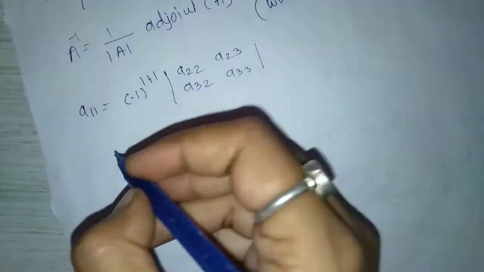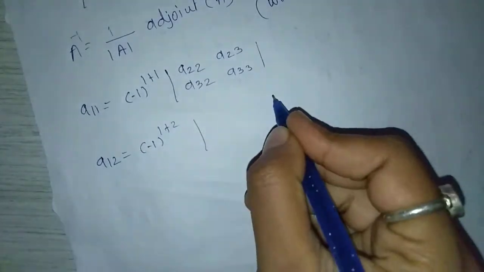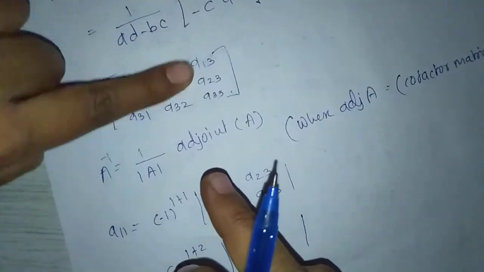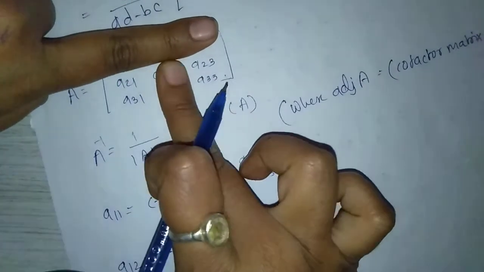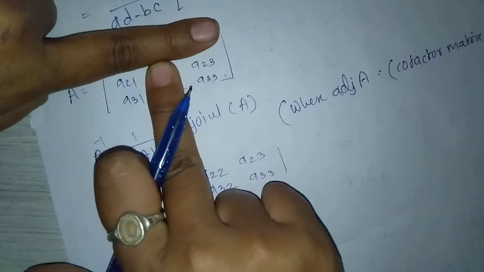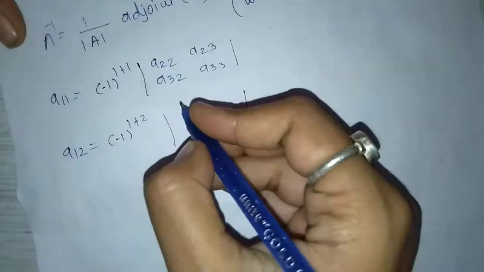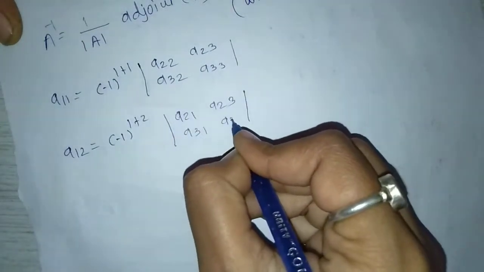Now the cofactor of A12 equals (-1) raised to 1 plus 2. A12 lies in the first row and second column. Exclude this, we get A21, A23, A31, A33. Take the determinant of this remaining matrix, we get A21, A23, A31, A33.